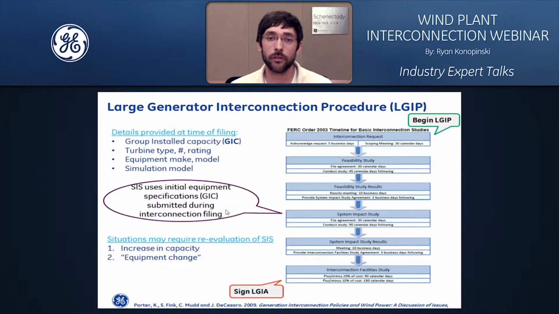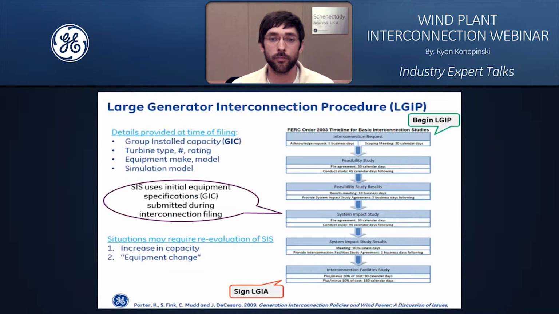It begins with a generation developer requesting an interconnection, and after several feasibility studies, including a system impact study, it may end with a generator interconnection agreement between the generation developer and the transmission provider. Note too that this process is fairly lengthy, and it can take upwards of a year to complete if there is, in fact, an interconnection agreement signed.